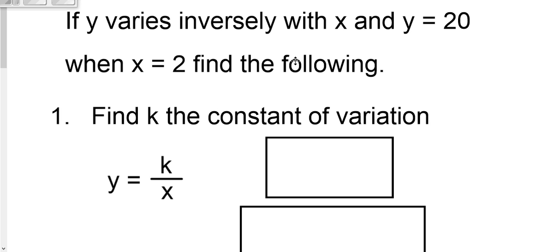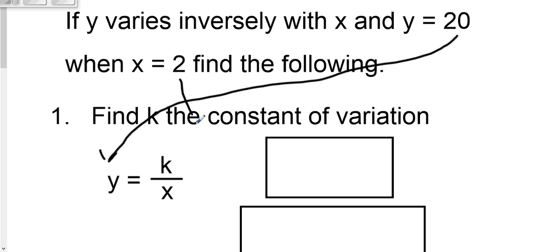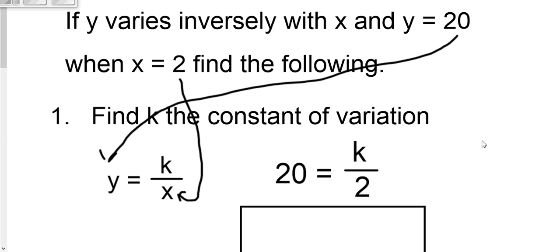We substitute the y and x in there and solve for k. So if we put the y number 20 over here, and the x equals 2 over here, the equation looks like this: 20 equals k divided by 2.